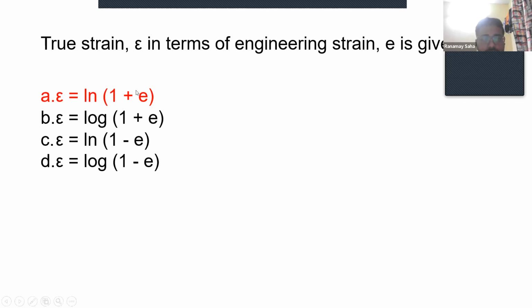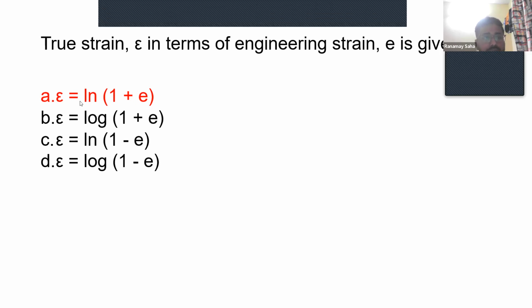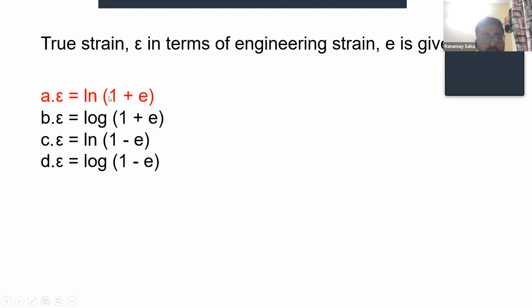If E is the engineering strain, given by the ratio of the deformed length to the original length at the initial position, then epsilon is given by ln(1 + E). So we find this is the correct option. This formula has been derived earlier, I think.